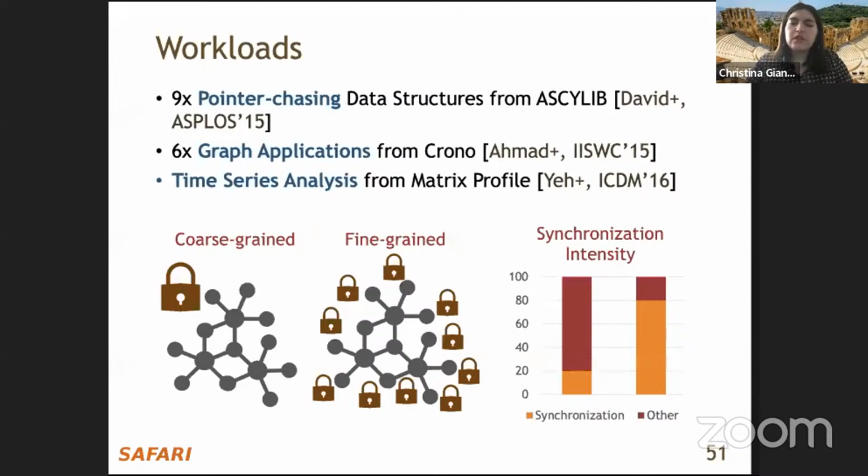Also, we use the term synchronization intensity to refer to the ratio of synchronization over the other computation of the workload. As this ratio increases, synchronization affects the total execution time more, and it has more overheads during runtime.